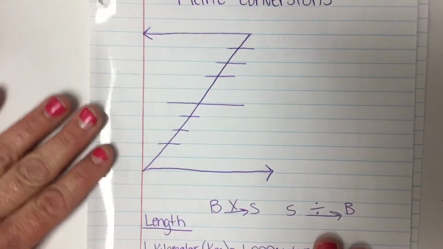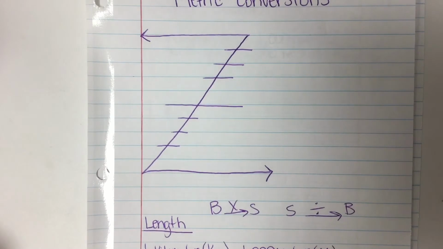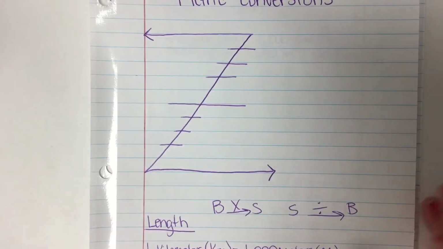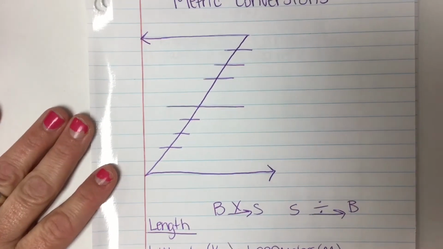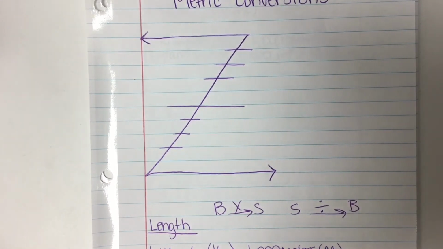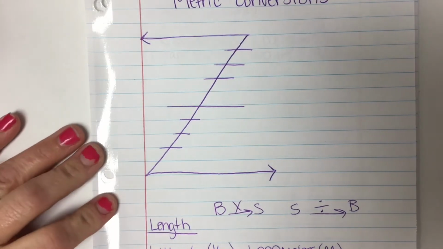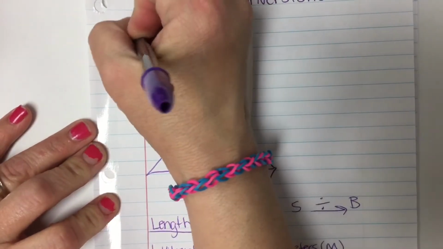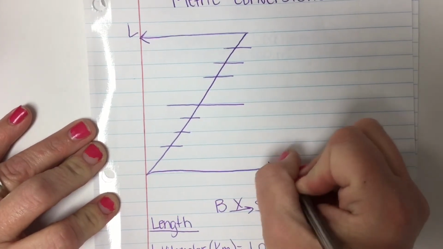So this is what we call the Z chart. Okay, this is the metric conversions chart. The reason we use this is because when you're converting metric units, all you're doing is moving the decimal. Okay, so watch how I fill this out. So this arrow is pointing to the left. This arrow is pointing to the right.